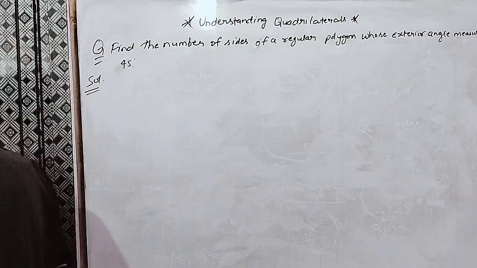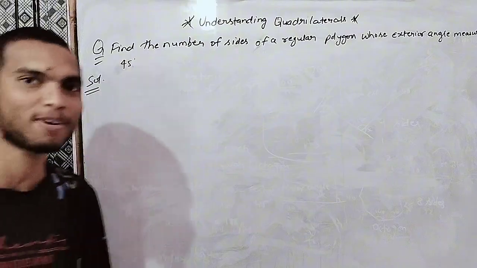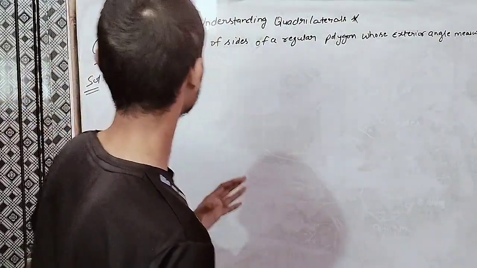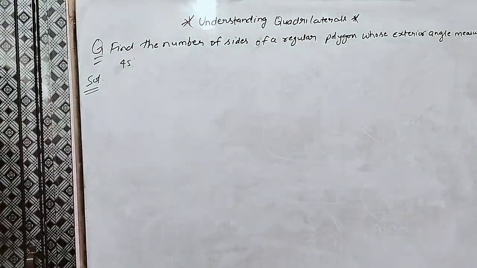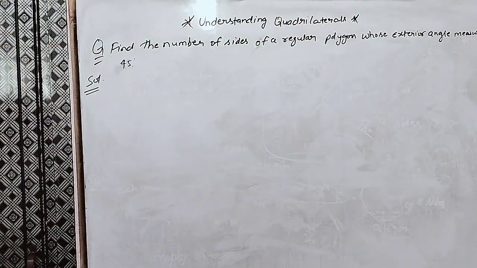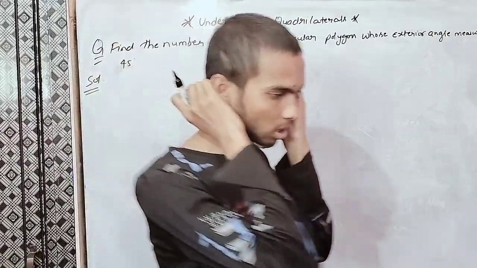Can I solve it? It is very interesting. It is very simple to solve. Just carefully understand this question. We need to find the number of sides. We don't have the number of sides of a polygon, and the polygon is regular.